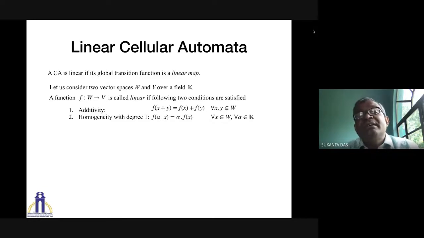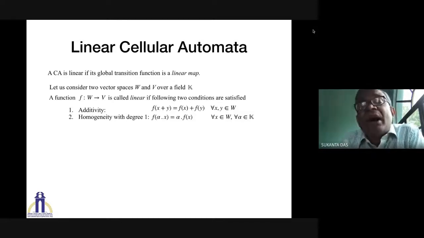It means f of alpha x, where alpha is a scalar. x and y are vectors, because W is a vector space, so all the elements of W are vectors. But alpha is a scalar, an element of K, and K is a field, right?